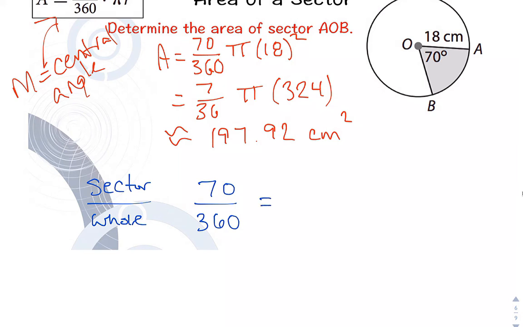That should be equal to, well, the area of this sector, which is what we're trying to find, let's call that x, over the area of the whole circle. Well, that's pi times 18 squared. So you could set up your proportion, and then we know, okay, if I have fraction equals fraction, then I cross multiply, right? And so then I have, if I type this in, 70 times pi times 18 squared, that's going to give me a big number, okay?